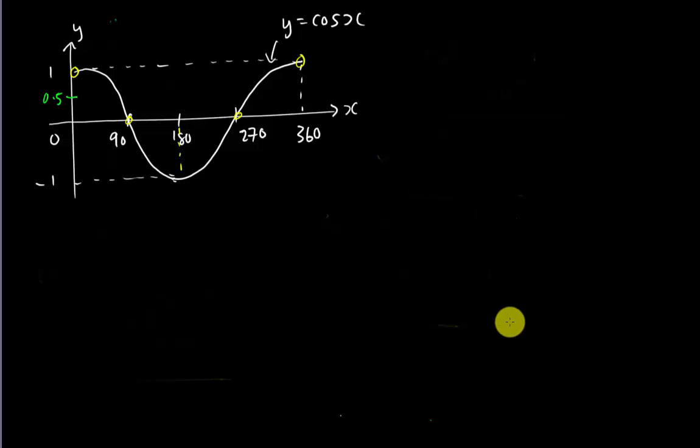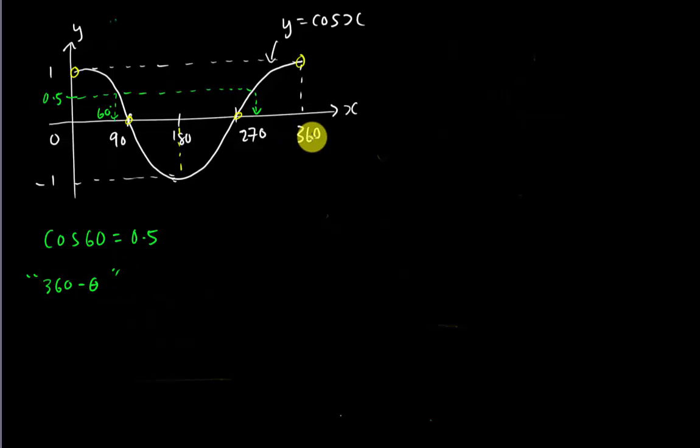For the cos graph, at 0.5, basically it will touch at 60 degrees, because cos 60 degrees is equal to 0.5. However, another value is over here. This is the last quadrant. Just now I said the last quadrant is 360 minus delta, right?